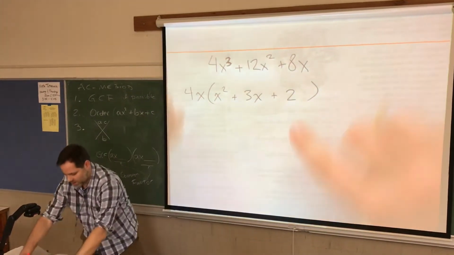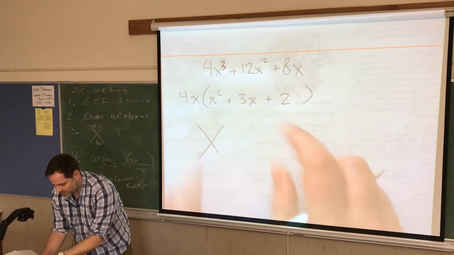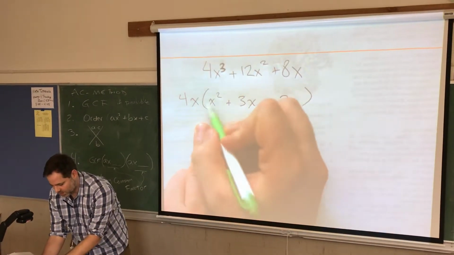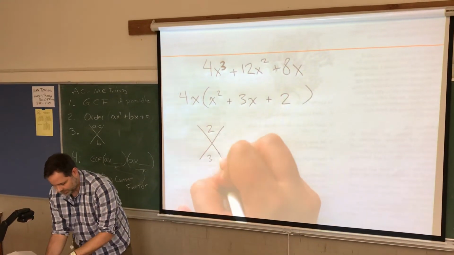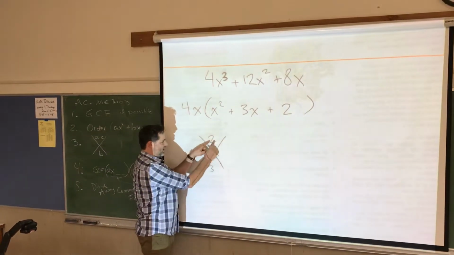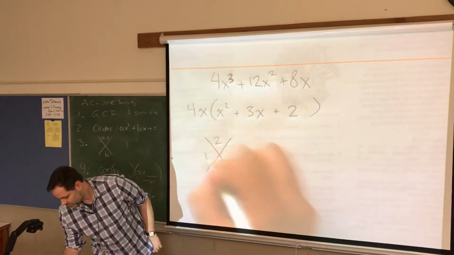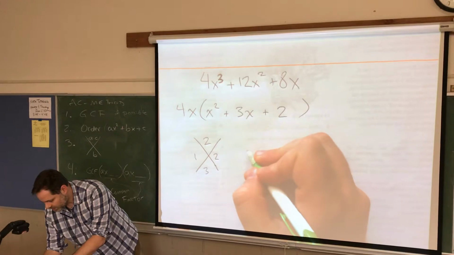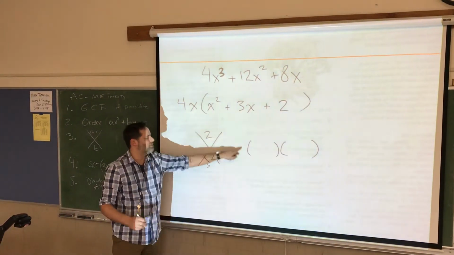There's my trinomial that I'm going to do the AC method on. Here we go. Diamond. 1 times 2. 3 down low. 2 numbers that multiply to make that, but add up to that. Here's my 2 groups, but this time I have a GCF. I pull it down in front.